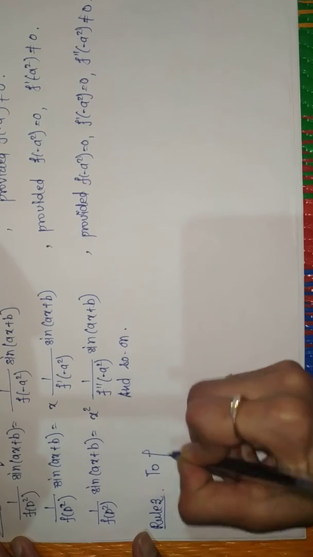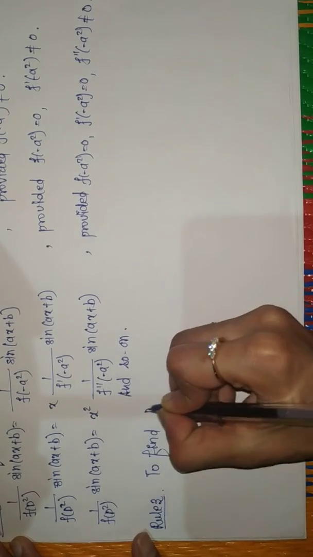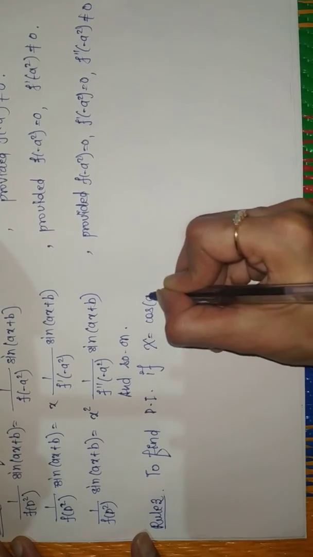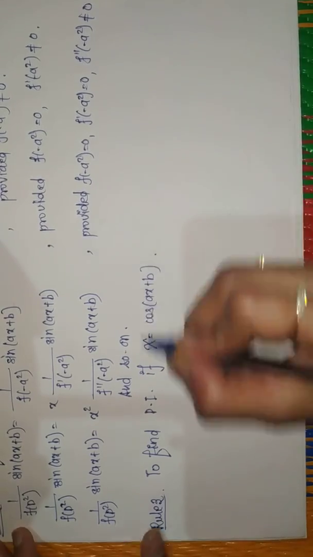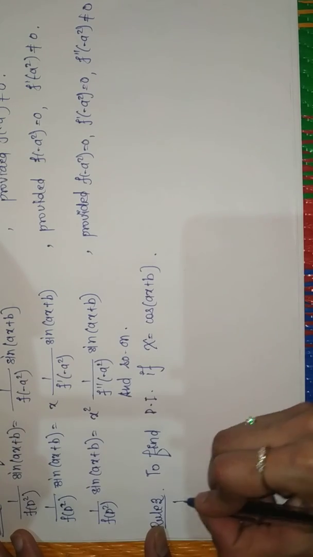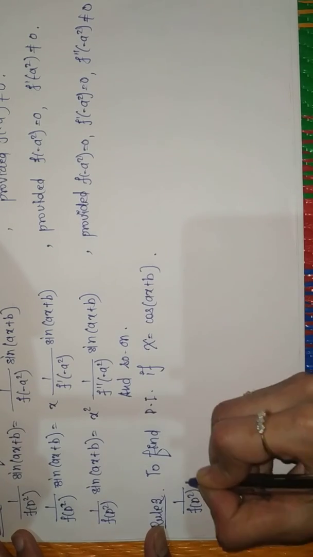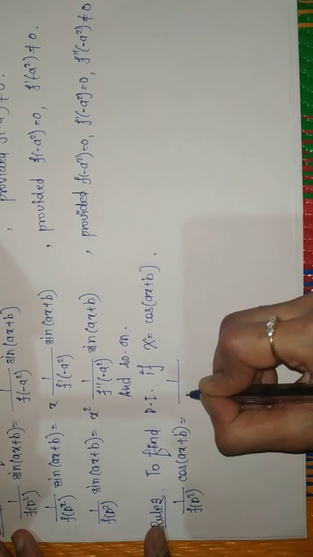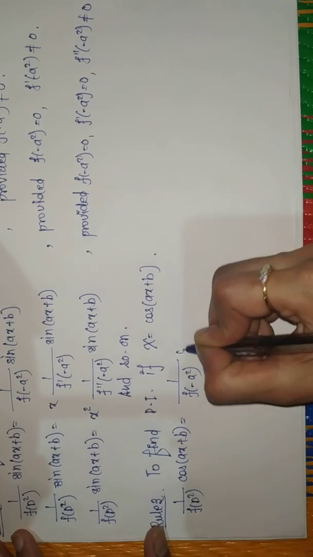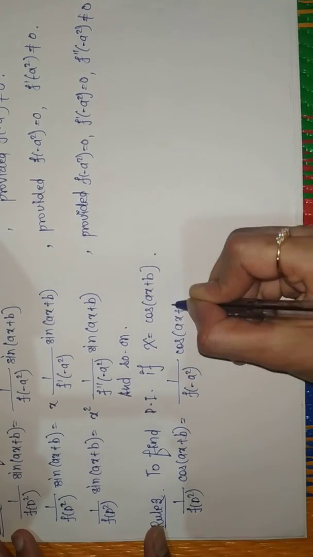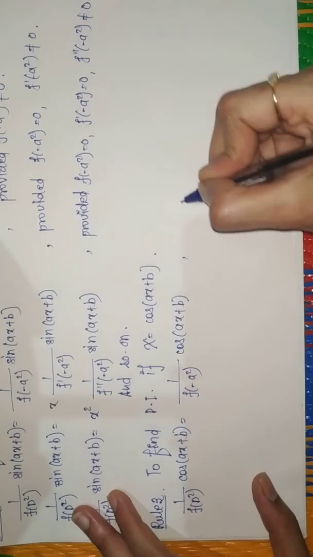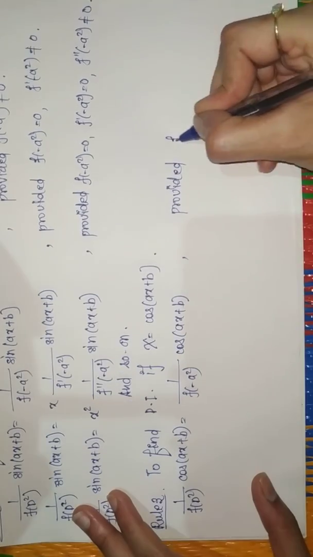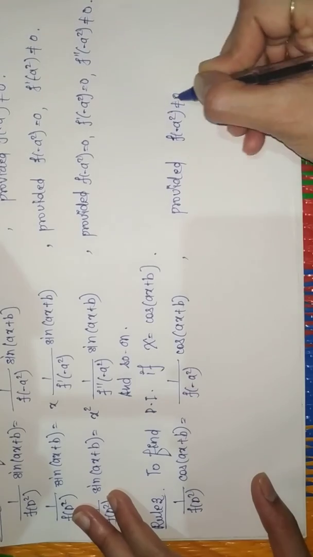So to find a particular integral, if x is equal to cos of ax plus b, it's exactly the same as sine of ax plus b. 1 upon f of D square cos of ax plus b is equivalent to replacing D square by minus a square over cos of ax plus b, provided f of minus a square is not equal to 0.